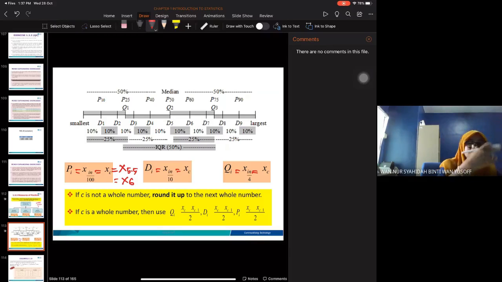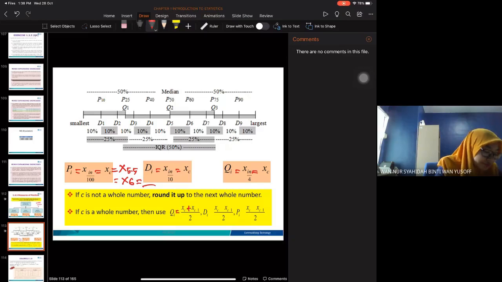We don't use the common rounding. You just round up to the next whole number, so at 6, meaning data number 6 in order. That's your answer.